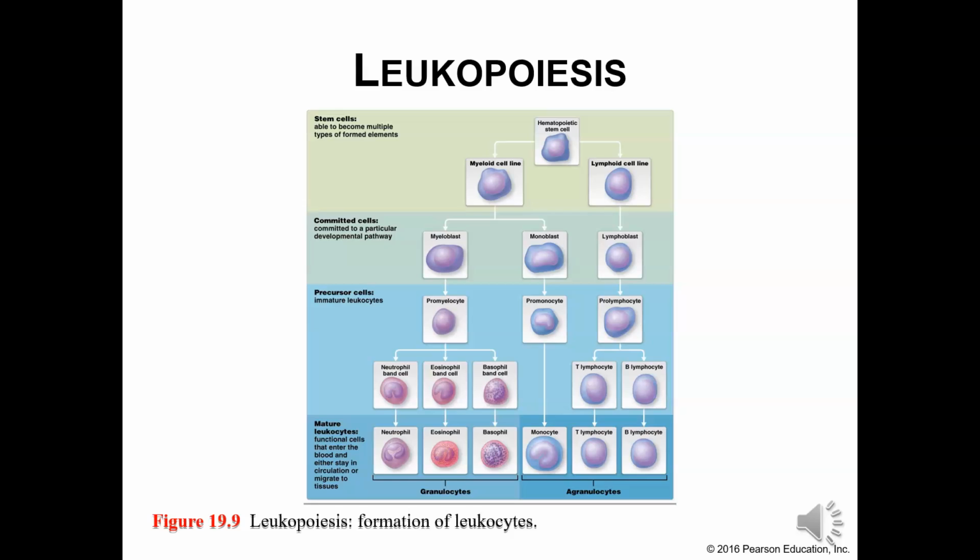T cells will migrate to the thymus gland and become mature T lymphocytes, and the B lymphocytes will stay in the bone marrow and become mature B lymphocytes. Then they'll migrate to the lymph nodes and the different lymphoid organs of the body, where they're going to be more freely exposed to antigens, and you're going to have a better risk of exposure to antigens when they get to the lymph nodes, which, remember, are located more superficially in the body.